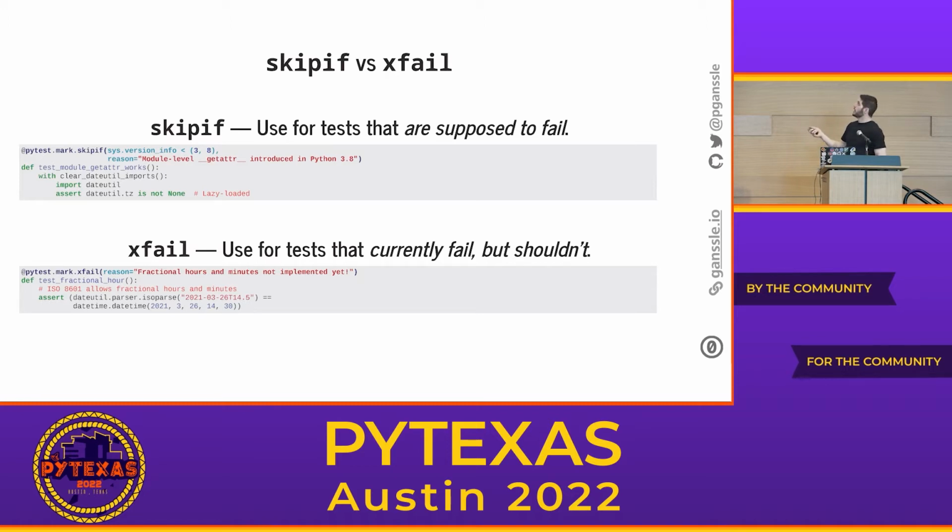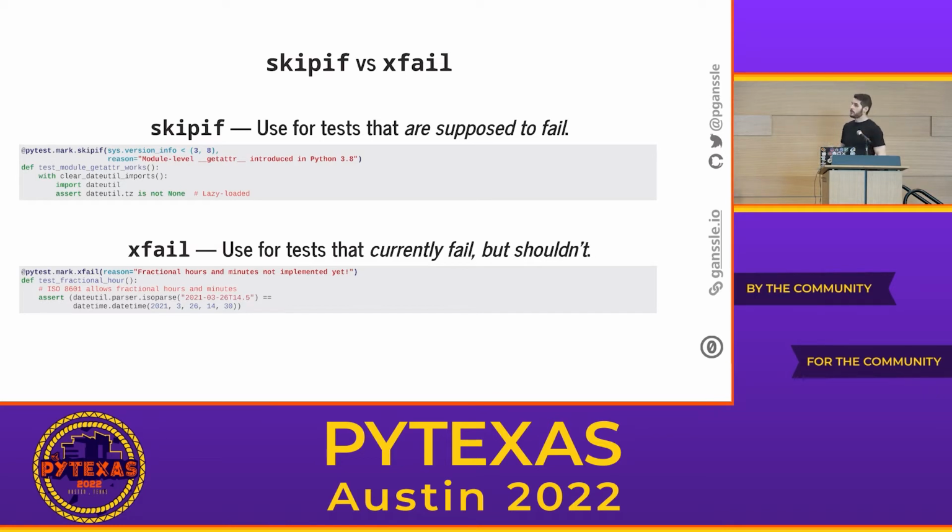For xfail, these are tests that are currently failing, but I would prefer it if they were passing, right? So also in dateutil, we have a parser that parses ISO 8601 dates. This is a particularly obscure ISO 8601 format. It allows you to have fractional hours. No one ever uses this format.